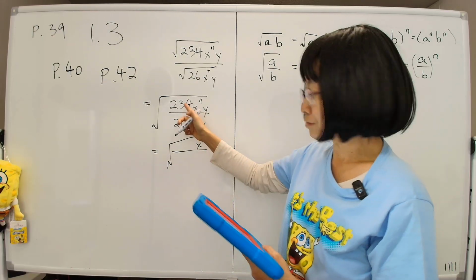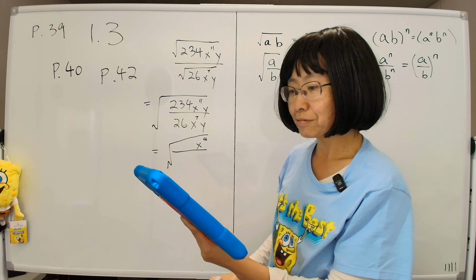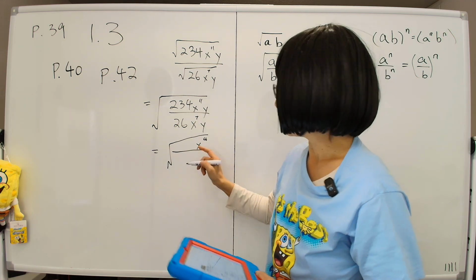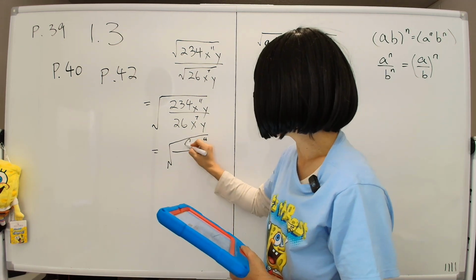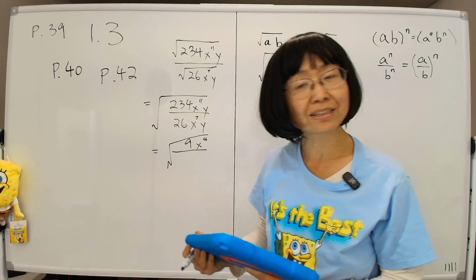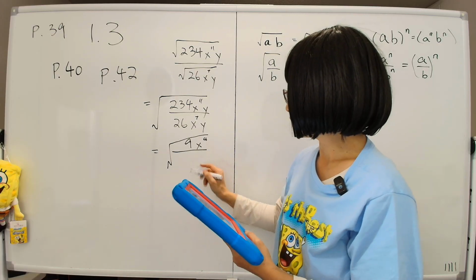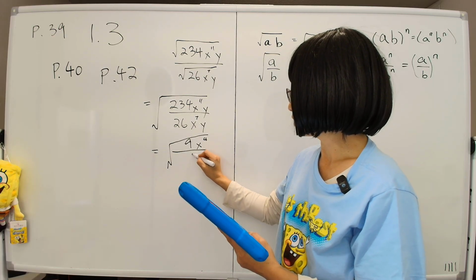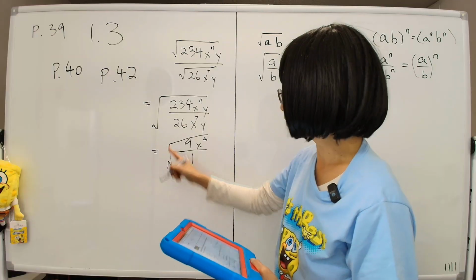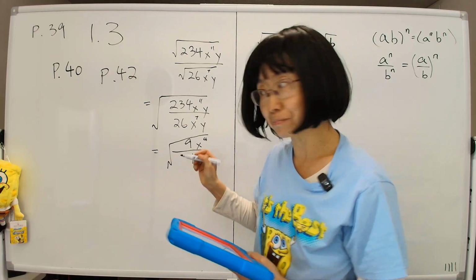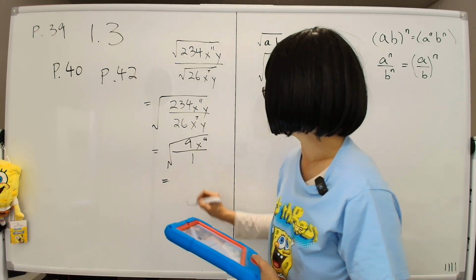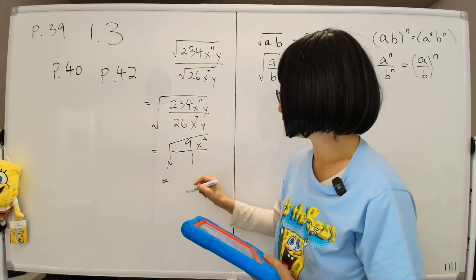And then 234 divided by 26 is 9. How do I know that? Because your book says so, and I don't want to bother. You can just punch it into the calculator. And what's down here? Nothing. Nothing means 1. In fractions, nothing does not mean 0. So the 1 is just 1.